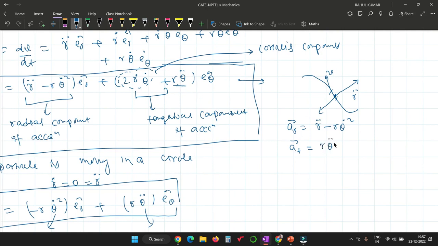So R theta dot, plus there is also a Coriolis component, that is 2v omega, which you always study.